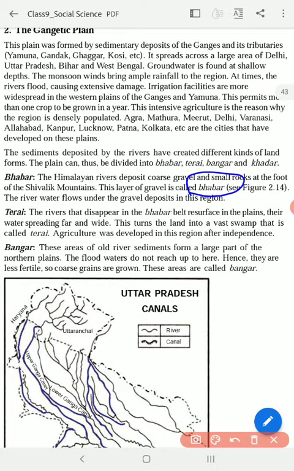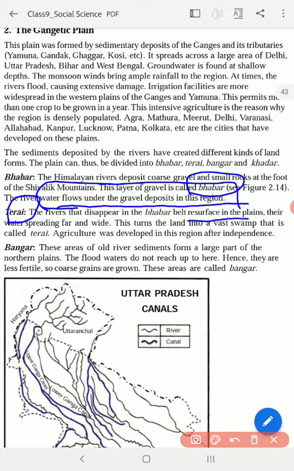Because of the overlapping of these gravels, the river starts flowing under the gravel deposits in this region. From this region we don't find the river traveling on the surface but rather under the surface. Then the river resurfaces at the Terai region.